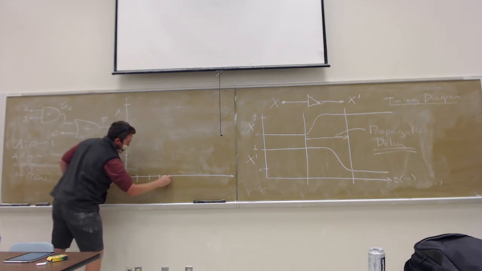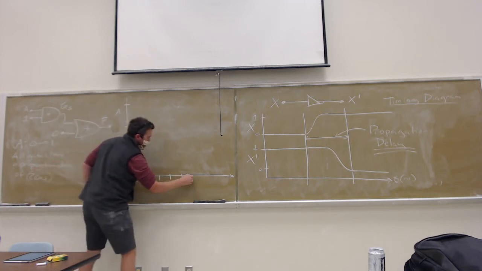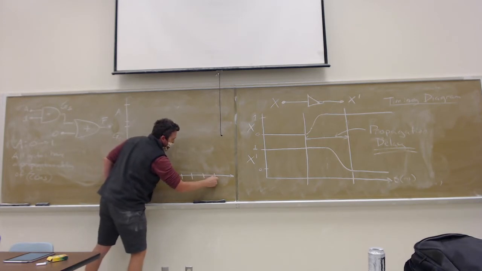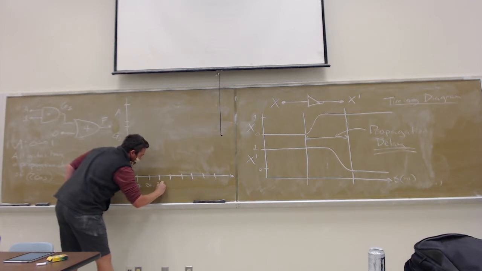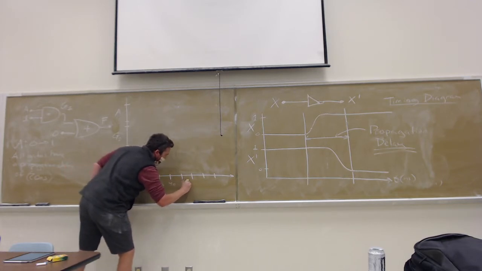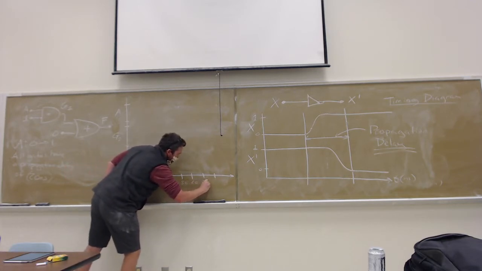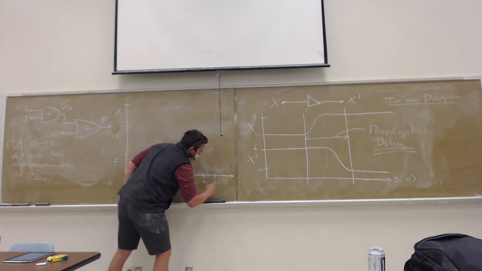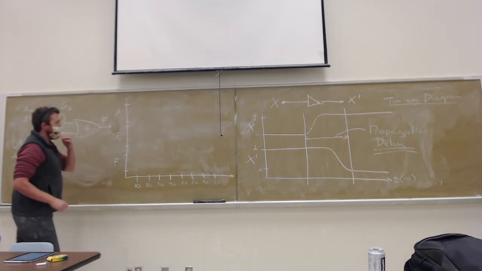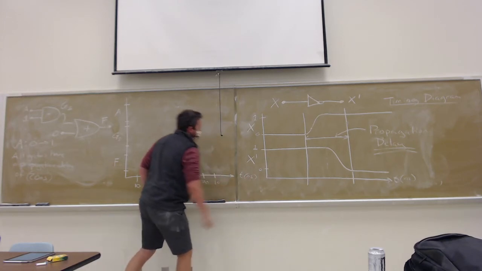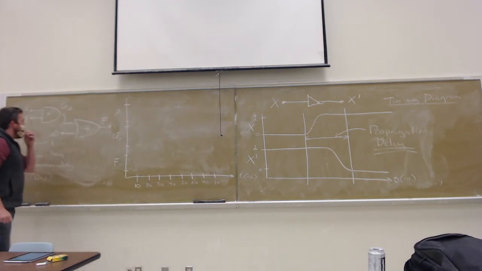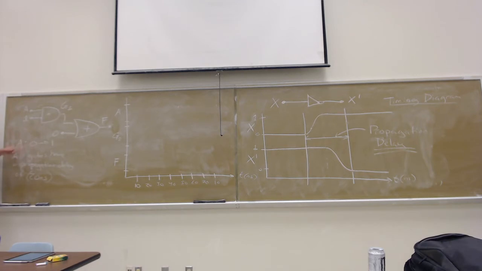And we'll mark out some ticks. We'll do 10 nanosecond steps: 10, 20, 30, 40, 50, 60, 70, 80, right? Time in nanoseconds.